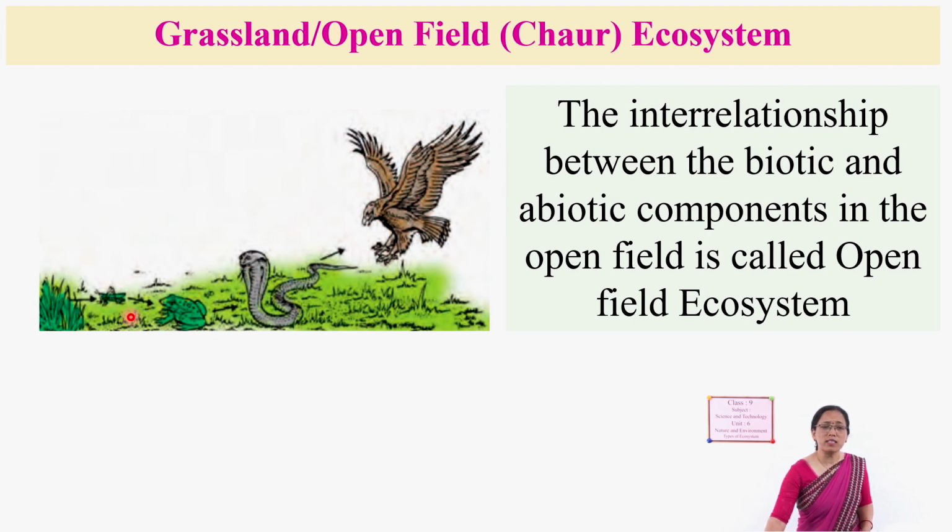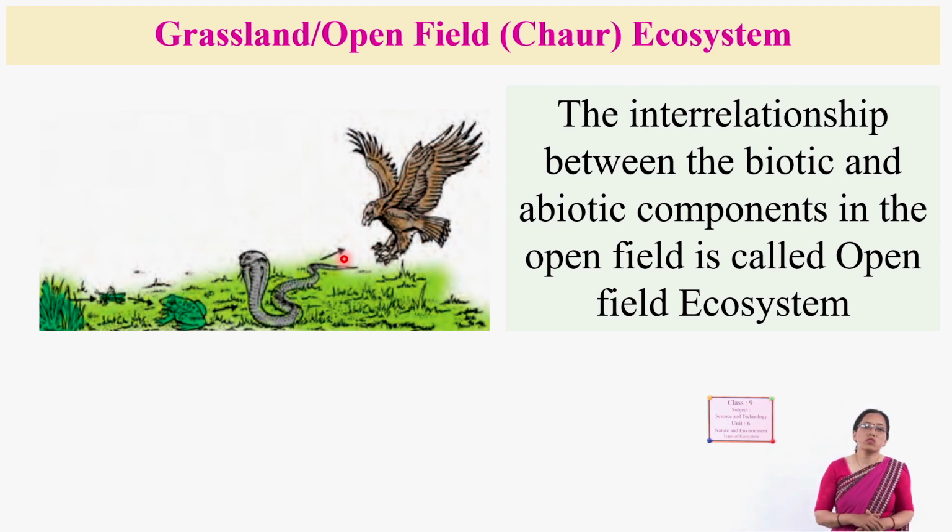That means energy is transferred from producers to higher levels of consumers, up to this eagle. And this interrelationship among these living organisms as well as the physical factors present in this grassland or open field is called the open field ecosystem or grassland ecosystem.